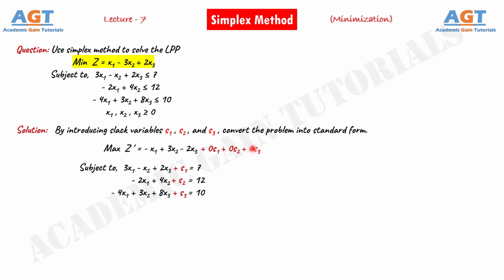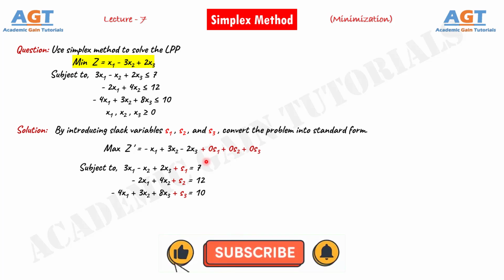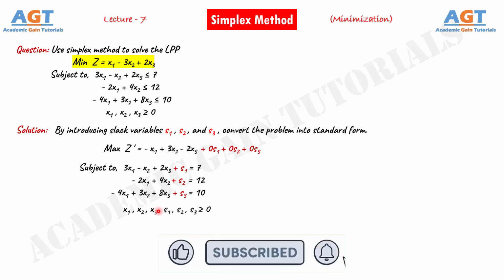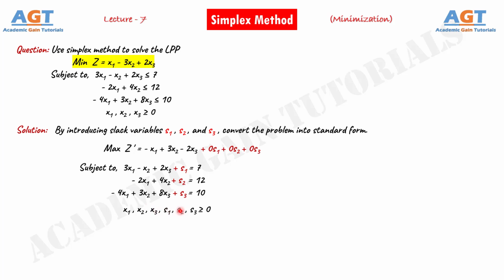As we know that the cost of slack variable is 0, we have written 0 before them. And, below the constraint equations we will write x1, x2, x3, s1, s2, s3, greater than or equal to 0. So, we have converted the problem from general form to standard form at first.